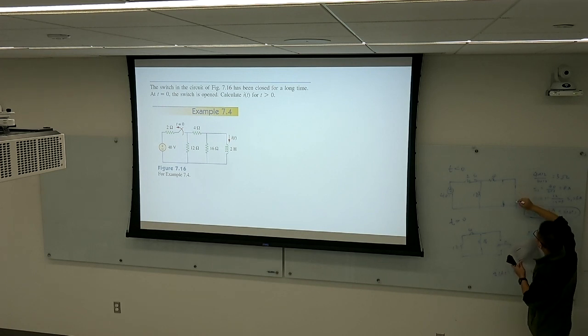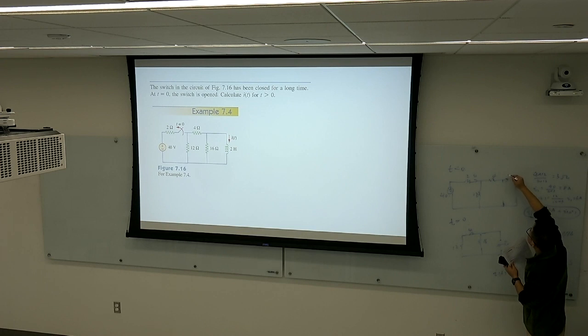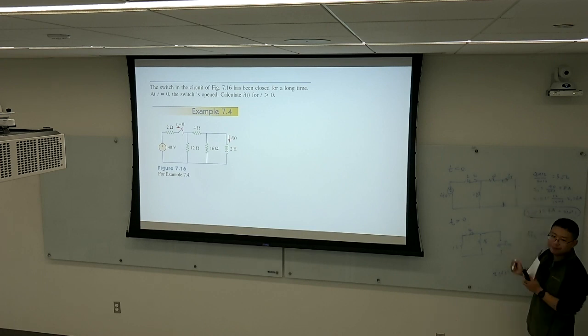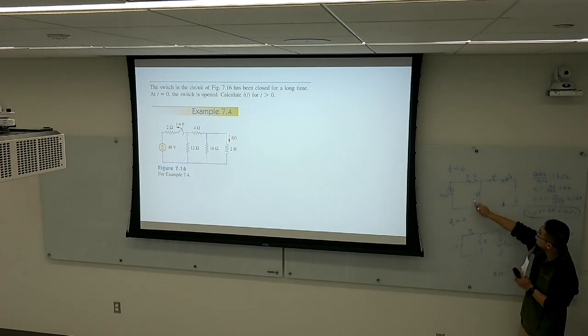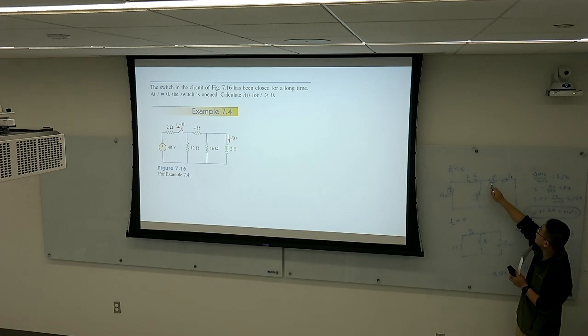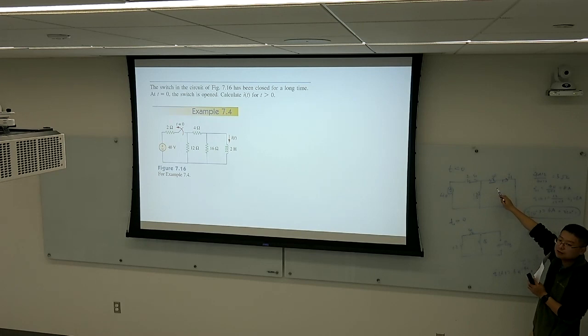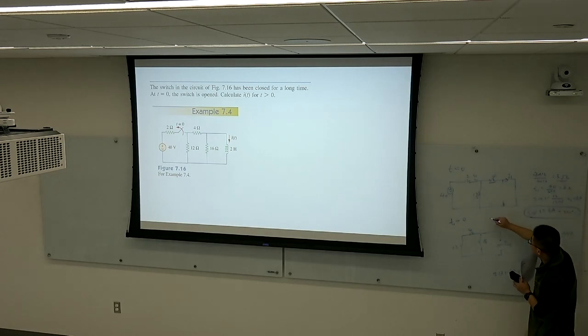So what we need to calculate is this current, I1. This 12 and the 4, they are parallel, correct? So we obtain the equivalent resistance, which is 3 ohm. So our circuit can simplify into this. This is 2, and this is 3, right?